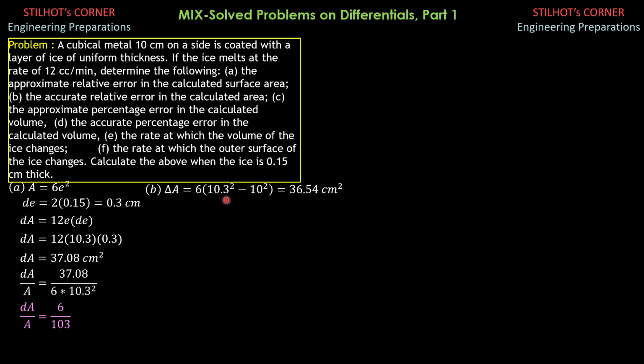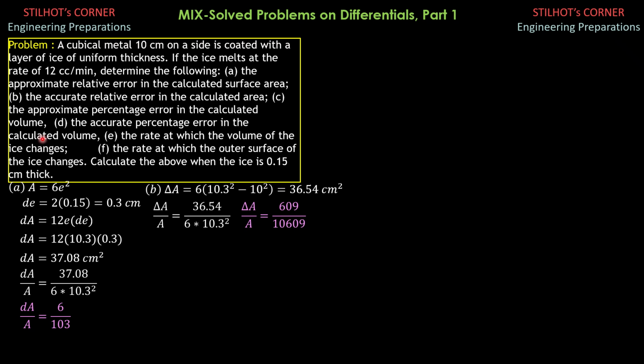So the surface area of the ice, accurate, is 36.54; that's delta A. So delta A over A is equal to 36.54 divided by 6 times 10.3 squared. And that is 609 over 10,609. If you express that in decimal, it should be close to 5 point something, almost 6%.